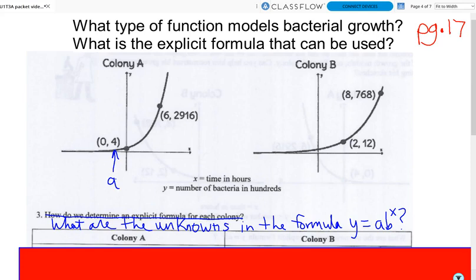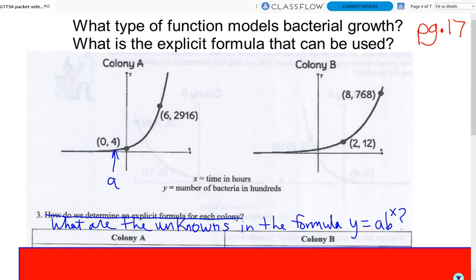On to page 17. 17 on top of the page asks, what type of function models bacterial growth? What is the explicit formula that can be used? So what we notice is we're given 2 graphs, colony A of bacteria, colony B of bacteria, and there is no equation given at all, much less an explicit equation.